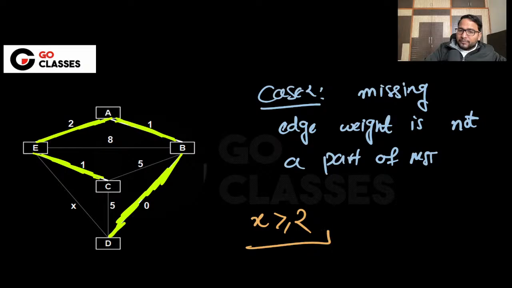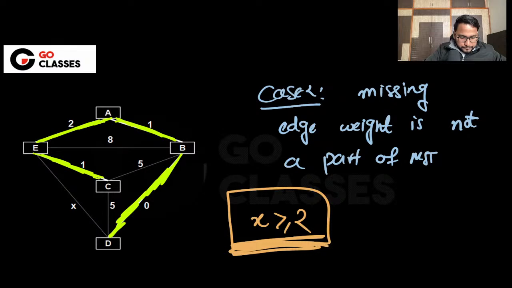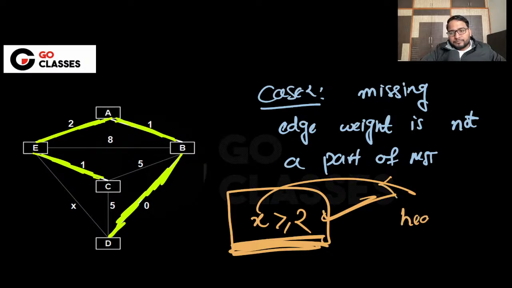It can be 2. If there are multiple 2's, maybe I have chosen to go with this one. That's fine. It can be equal to 2, but it cannot be lesser than 2. So X must be greater than or equal to 2, because X must be heaviest in the cycle. So here we have not done multiple things. This is just one time.